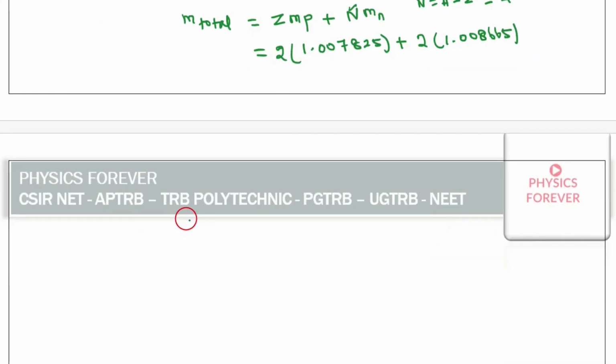So if we substitute, we get the total mass as 4.032980 atomic mass unit. Okay, sometimes they may ask it like this.